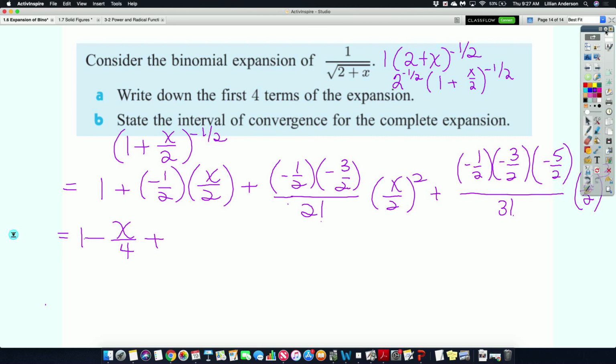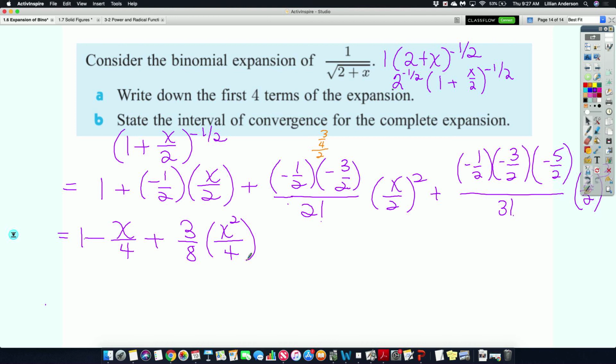And then when I divide it by a 2 factorial, that's going to be 3 over 8. So now this becomes 3 over 8 times what? What's x over 2 squared? Make sure you square the top and the bottom.